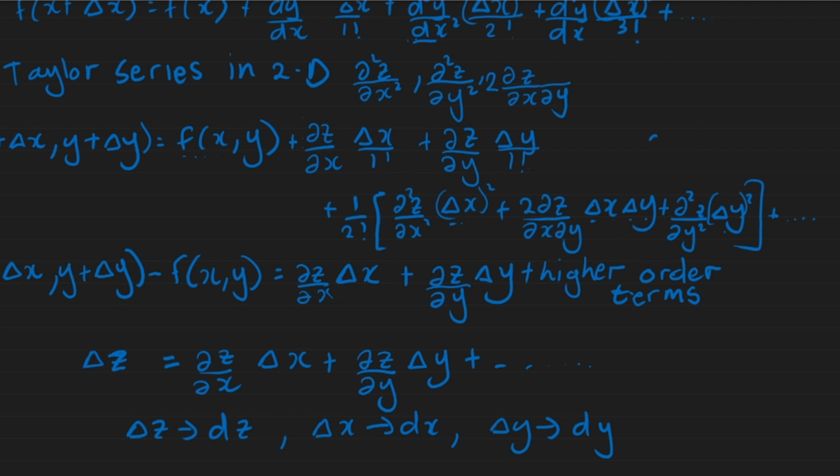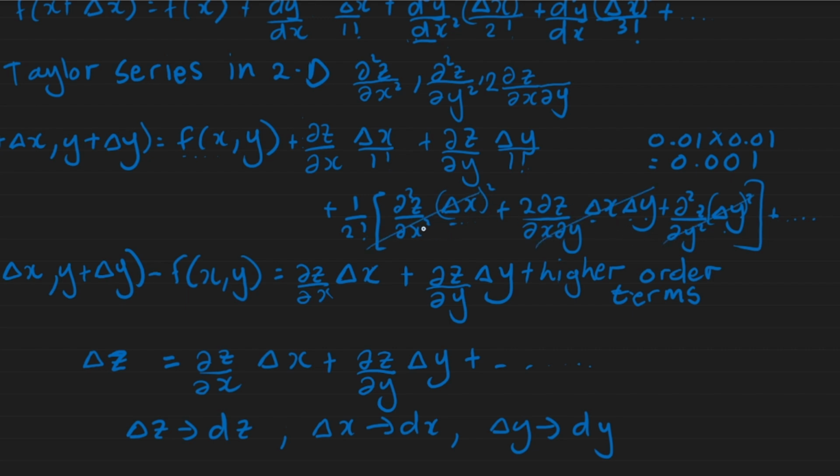If we think of a small change, for example, 0.01, and we multiply it by itself, a small number multiplied by a small number gives us a much smaller number. So we can imagine that if this delta x becomes dx, an infinitely small number, and we multiply it by another infinitely small number, we're going to get a number that's virtually almost zero. So all of these terms actually can become zero. So we would actually remove them.